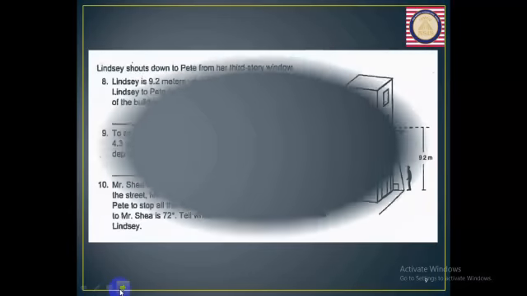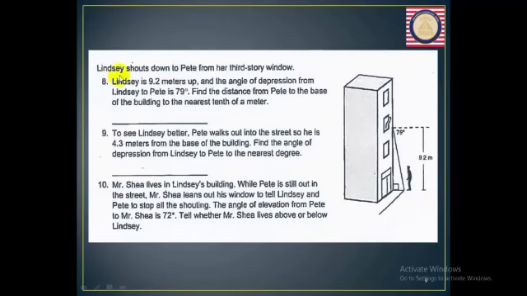Let's see the other one here. Lindsay shouts down to Pete from her third story window. Lindsay is 9.2 meters up. And 79 is the angle of what?